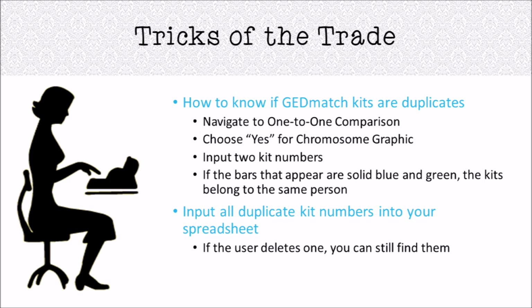Now, why would you want to know this? Because when you're building this database, you're talking about inputting information for literally hundreds of people. My database at this point is probably fast approaching 1,100 different samples, and that's a lot of people to be keeping information for.